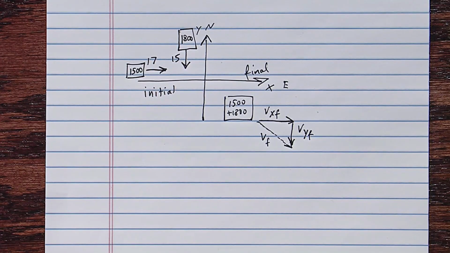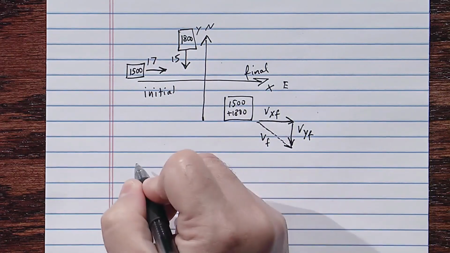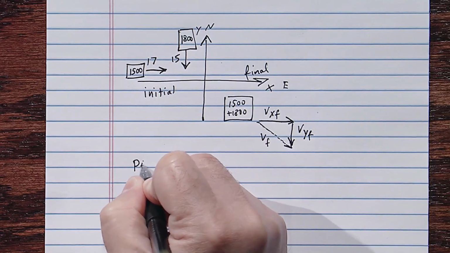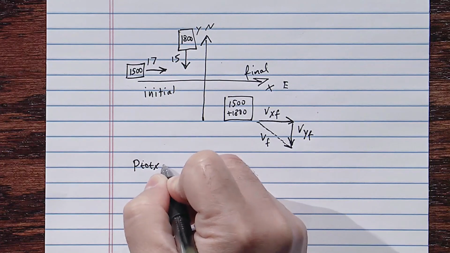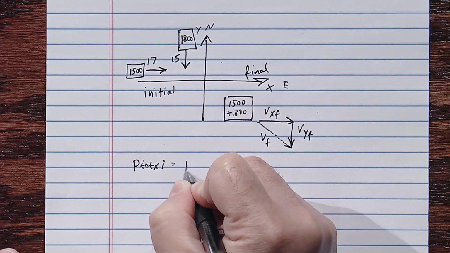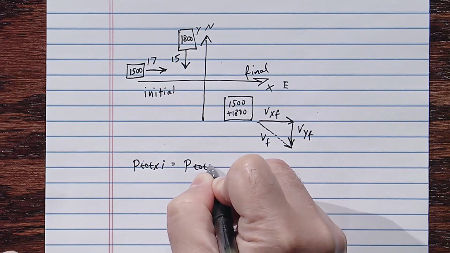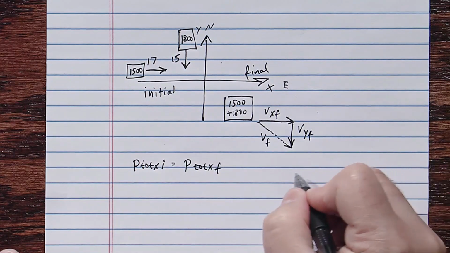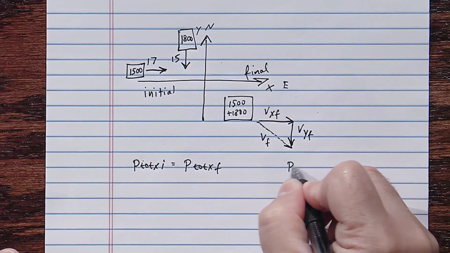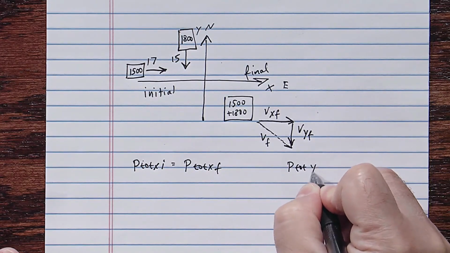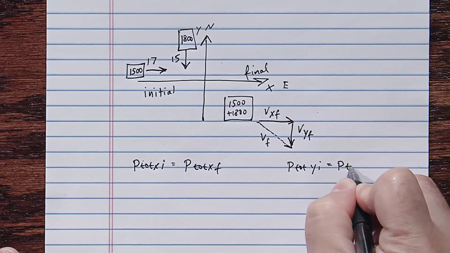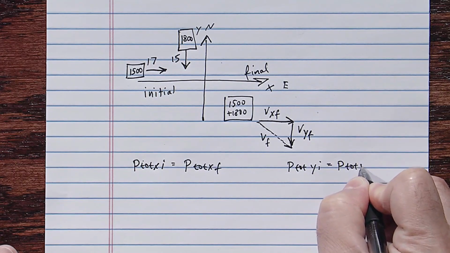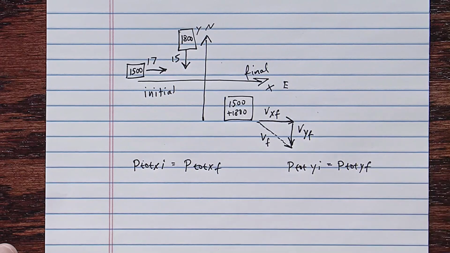And as always, we're going to use conservation of momentum, which tells us that P total X initial equals P total X final, and P total Y initial equals P total Y final.